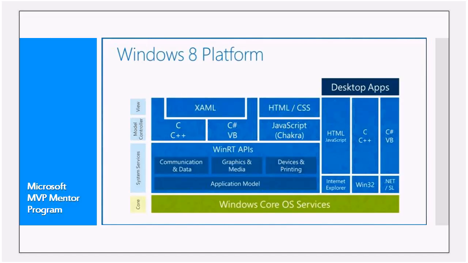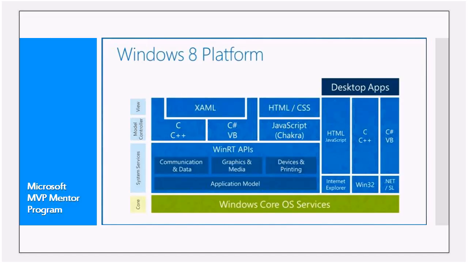And the beauty is, regardless of the tool they choose to use, whatever is compiled and built is native code. And that's the whole beauty of WinRT. So WinRT is a new programming model that has been introduced with the operating system, right?